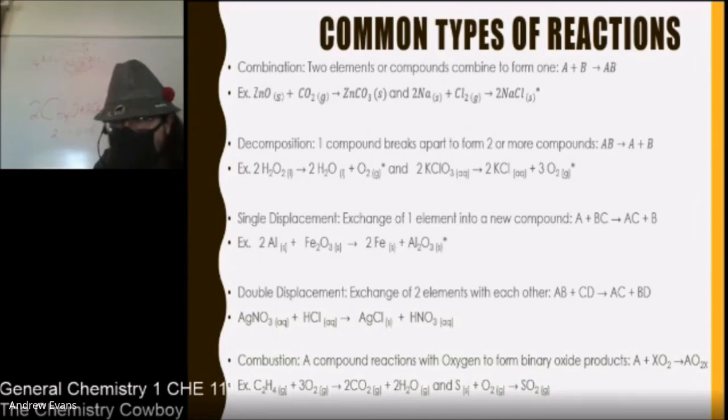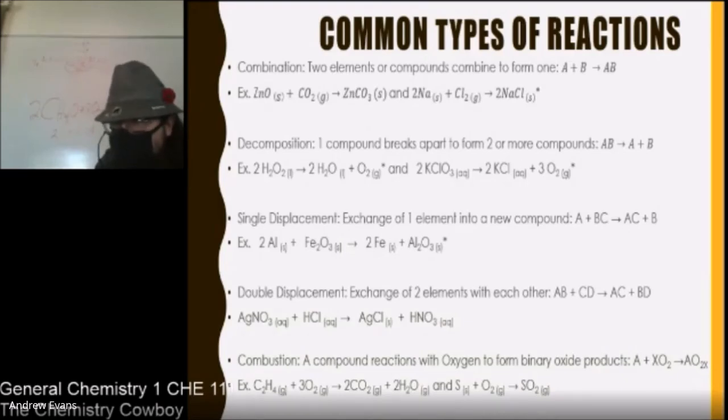So the carbon dioxide binds with the oxide to form a carbonate, and so we have 2 compounds coming together. Sodium solid and chlorine gas form sodium chloride salt. That's another example of combination. That's also an example of an oxidation reduction, as we'll see.